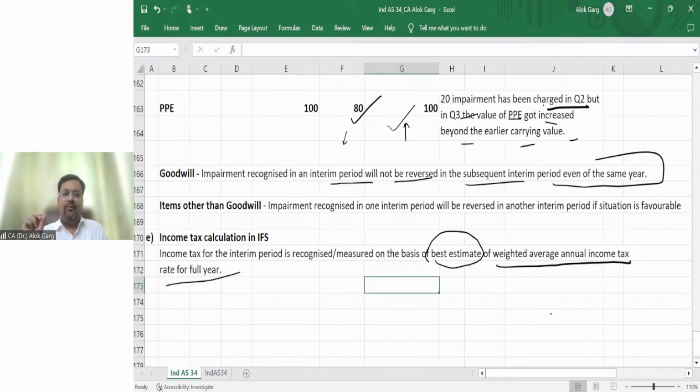Please remember, please write down. मतलब हमें पूरे साल का वेटेड एवरेज एनुअल इनकम टैक्स रेट निकालना है और मुझे करंट पीरियड के प्रॉफिट बिफोर टैक्स पे अप्लाई करना है और अकॉर्डिंगली मुझे उसका इनकम टैक्स कैलकुलेट करना है.